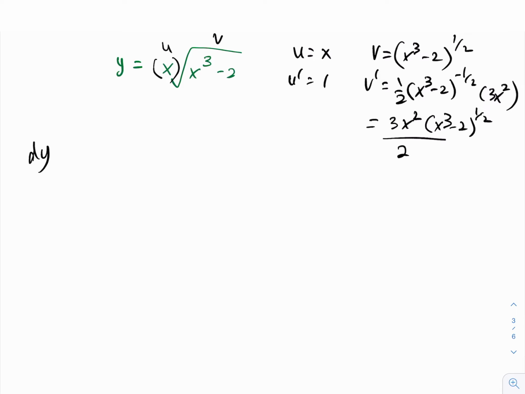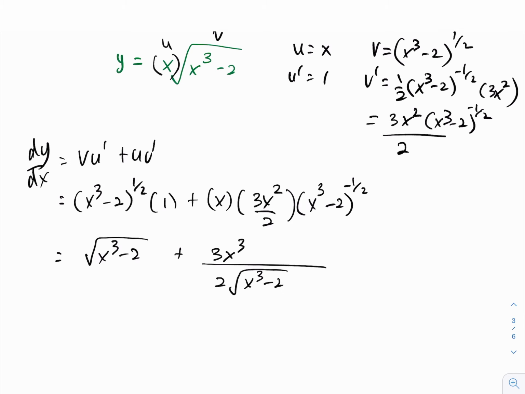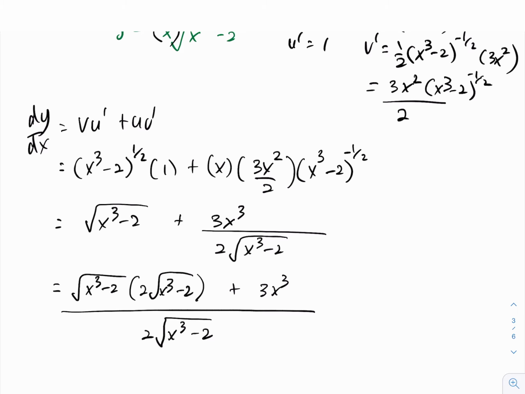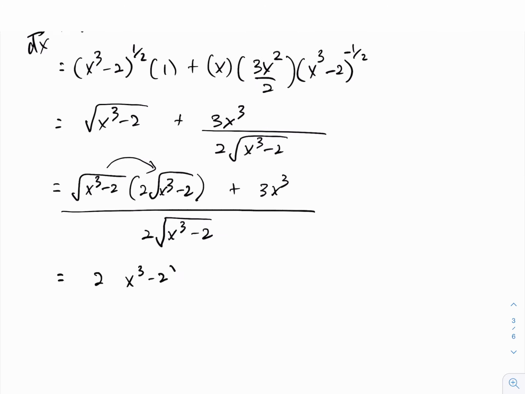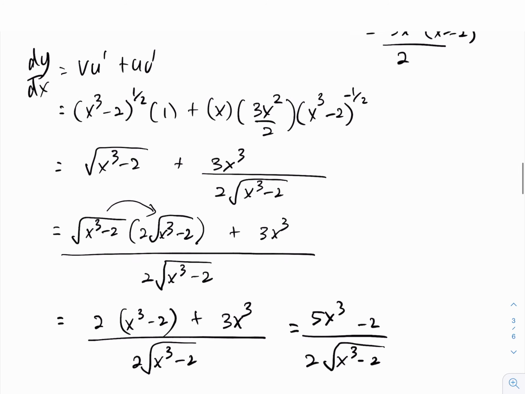We want to find dy/dx, v u prime plus u v prime. Again, we have to simplify this. It will be nicer if we multiply by the square root of x cubed minus 2, and then we expand this. If we simplify, we'll have (5x cubed minus 2) over 2 square root of (x cubed minus 2). So this is our final answer.